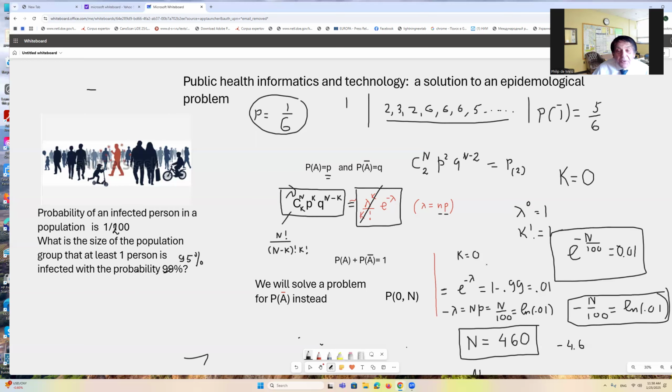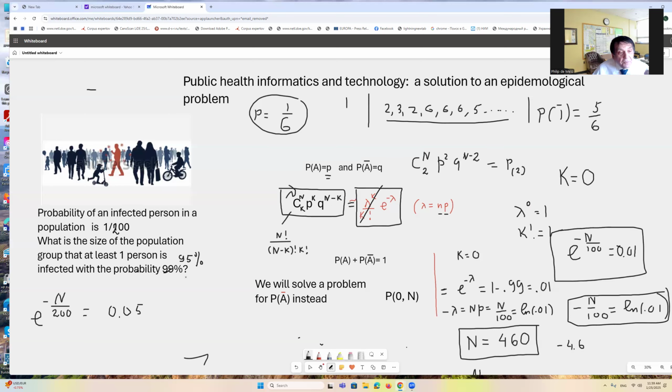The solution is that you have to solve the problem e to the minus n, which you have to find, over now not 100 but 200, equals not 0.01 but 0.05, because you solve a complementary problem.